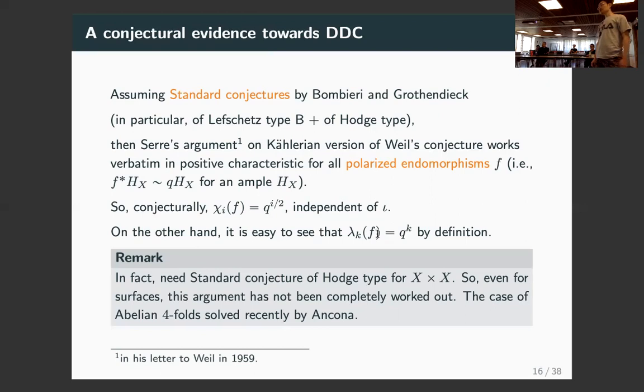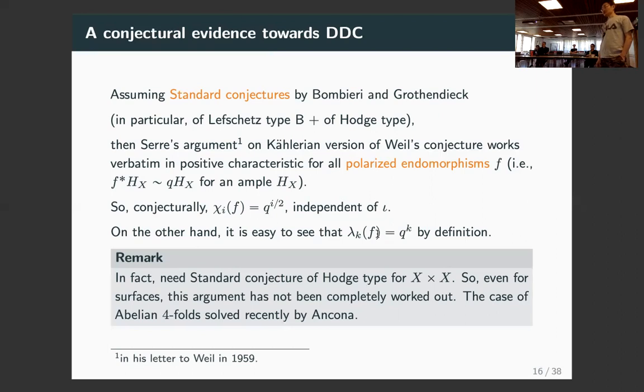So if you assume these two standard conjectures, then Sayre's argument also works in positive characteristic for all polarized endomorphisms. So here polarized endomorphism means the pullback of an ample divisor under this f is equivalent to q times hx.